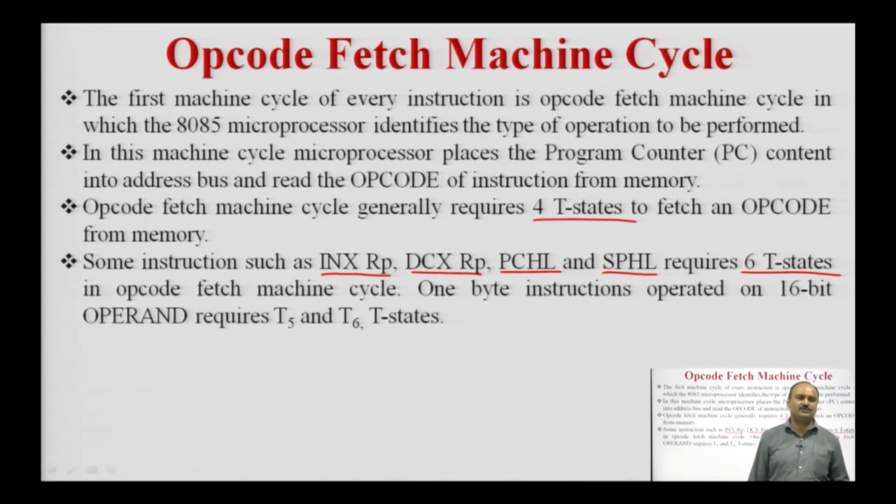Whenever we use INX RP, DCX RP, we use a register pair, that is BC register pair, DE register pair and HL register pair. The SPHL and PCHL instructions require 6 T states, that is additional T5 and T6 T states, to complete the execution of the instruction. These instructions are 1 byte instructions operating on a 16 bit operand. That is why they require 6 T states in the opcode fetch machine cycle.